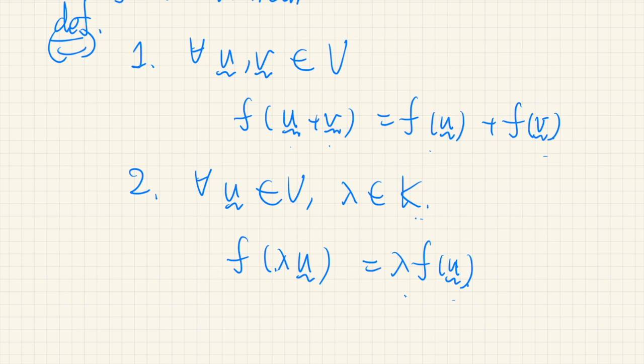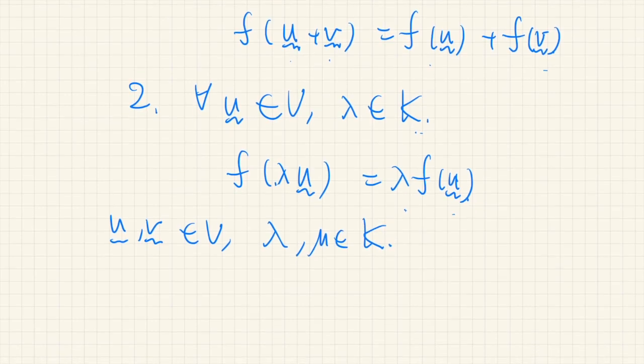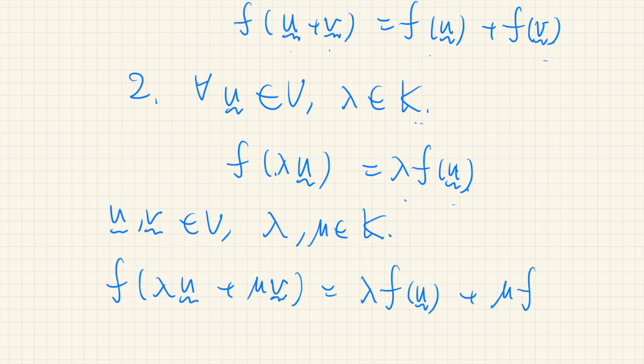These two conditions can be summarized as follows. u and v are vectors, and lambda and mu are scalars. f of lambda u plus mu v is split into lambda times f of u plus mu times f of v. So this property is called linearity.